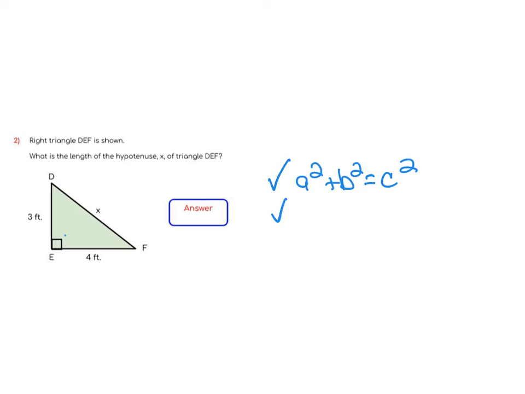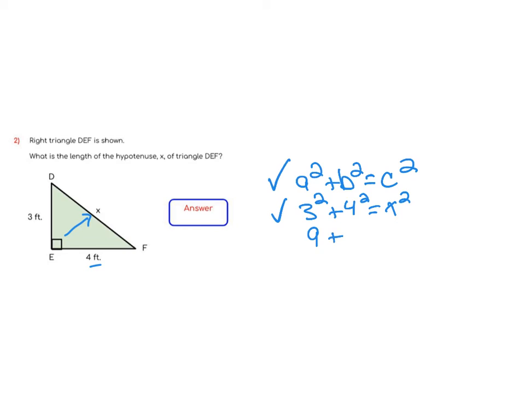So here we are missing the hypotenuse, the side directly across from the right angle, but we're given the two legs. So a squared will be 3 squared, plus b squared will be 4 squared, and that equals c, which is represented by the variable x, so x squared.